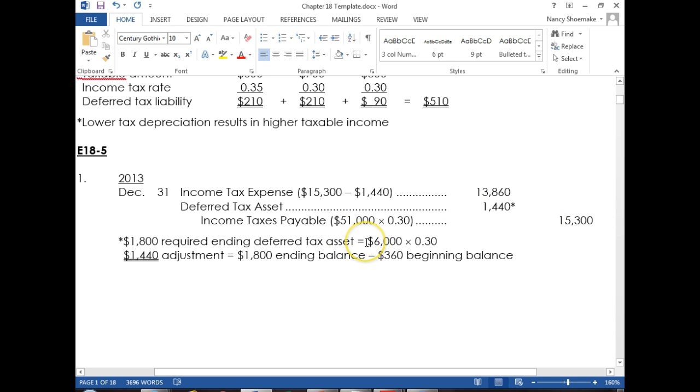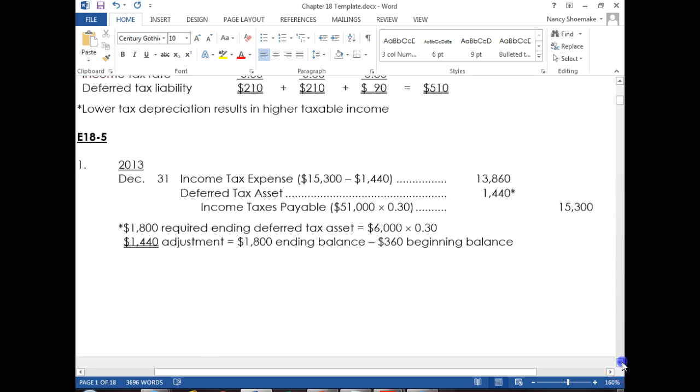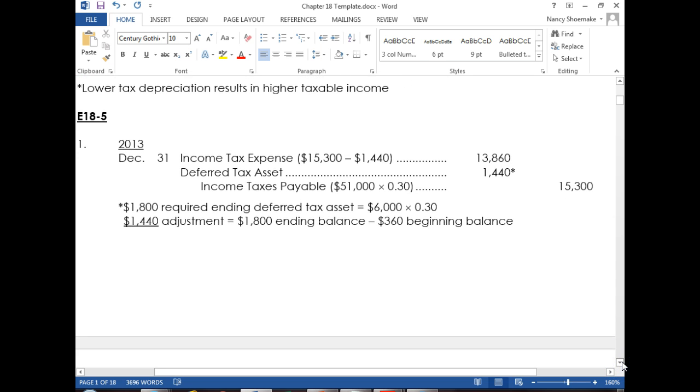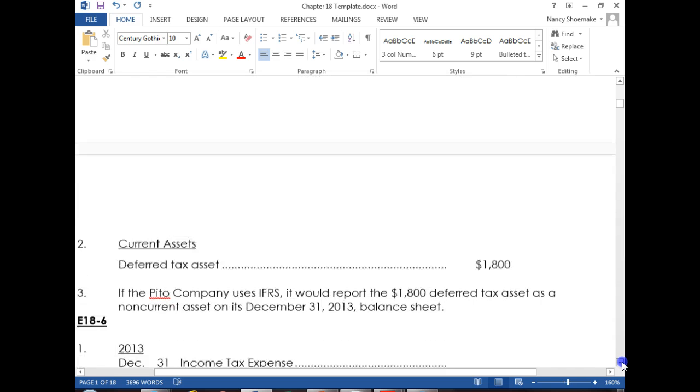And we've got this deferred tax asset showing up here as a deferred asset, but our income tax expense is really going to be our $15,300, what we're paying in taxes now, minus this $1,440 that we get to defer. So it's kind of working a little bit the opposite way. Hang in there with me.